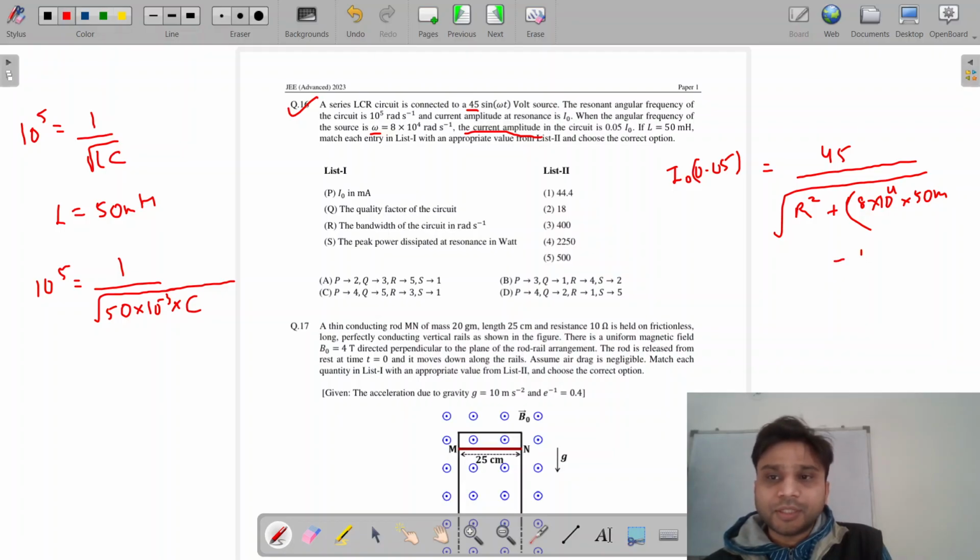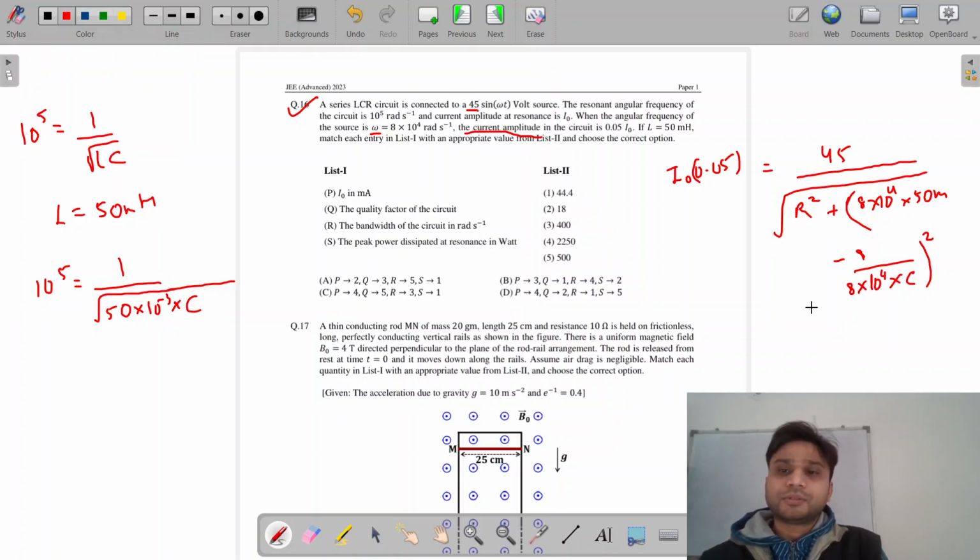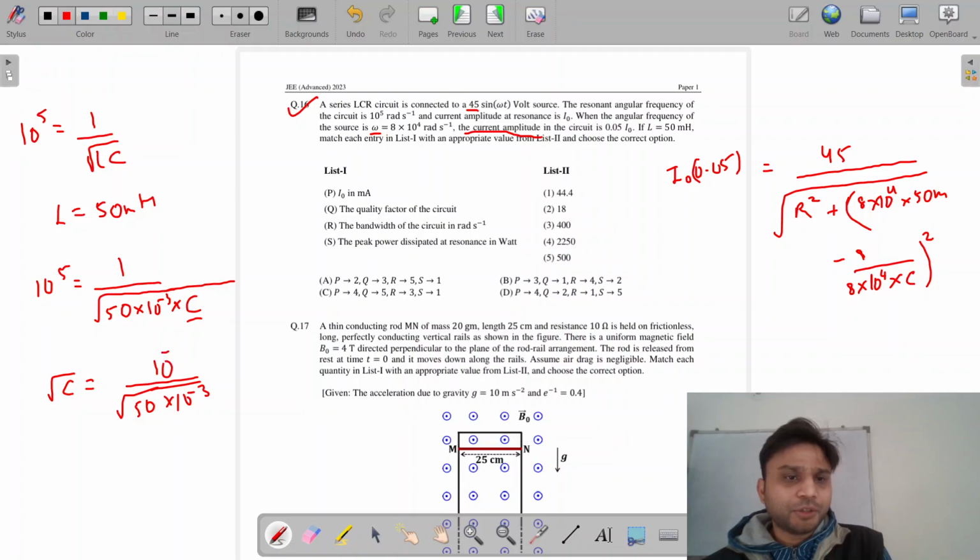minus 1 upon 8 into 10 to the power 4 into capacitance, squared. So basically, from this equation, we can find the capacitance of the resistor. So we can say capacitance, that is square root C, is equal to 1 upon square root of 50 into 10 to the power minus 3 into 10 to the power minus 5.